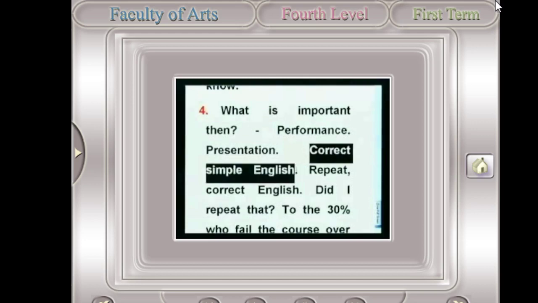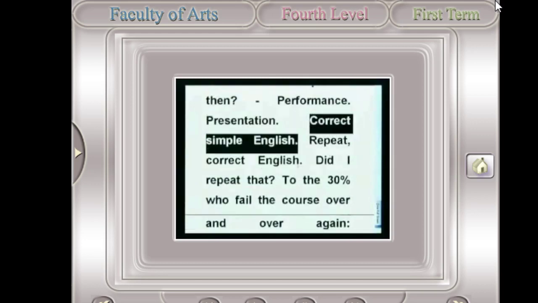Correct, simple English. Sometimes we get very much interested in the pieces of information, and then we keep pouring pieces of information, one piece after another, and we forget that we are writing English, and we are somehow experts on English and Arabic because we are studying the two languages and comparing and contrasting them. So how come we know the two languages well so that we can compare and contrast them and we cannot write simple, good English?